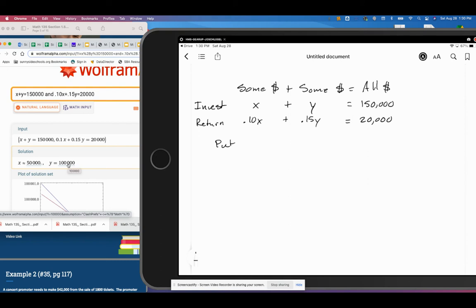So our advice to Tanya would be to put $50,000 in the 10% fund, and put $100,000 in the 15% fund.